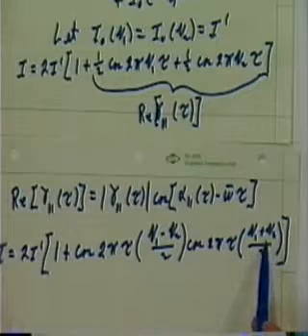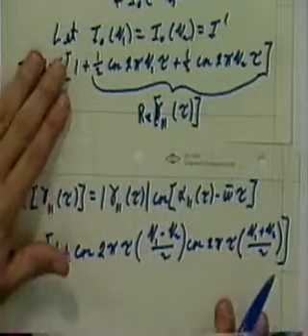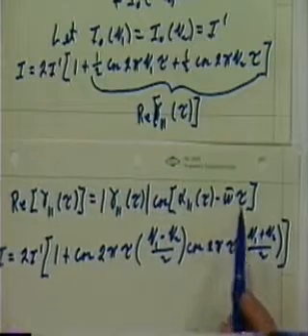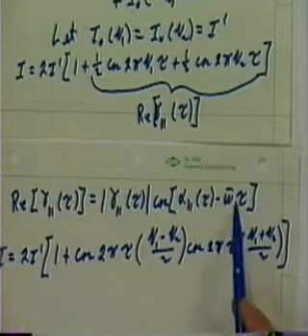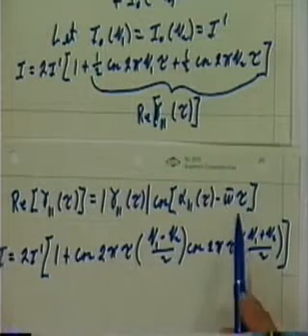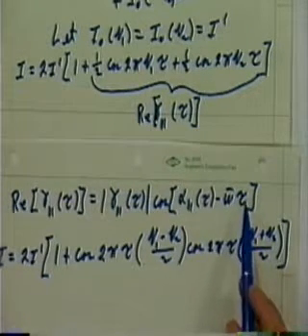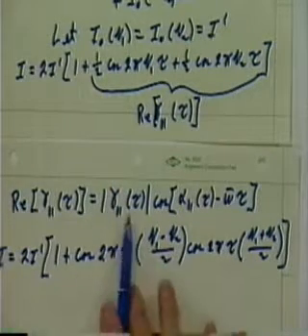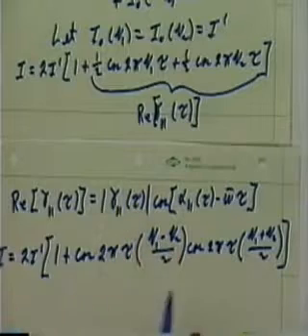So this guy right here is what? You know, it looks like this here. It's the average frequency times tau. And this guy right here must be related to the gamma right here.